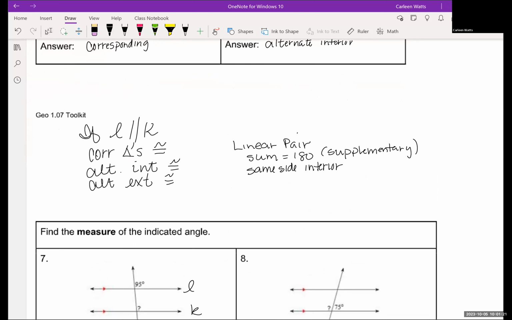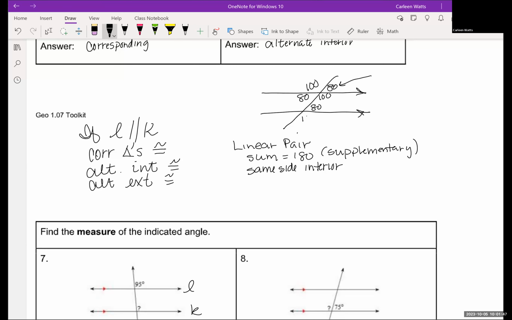Same side interior. Lines are parallel. So if this is 100, what is that one right there? 80. Linear pair 80, those are also vertical.